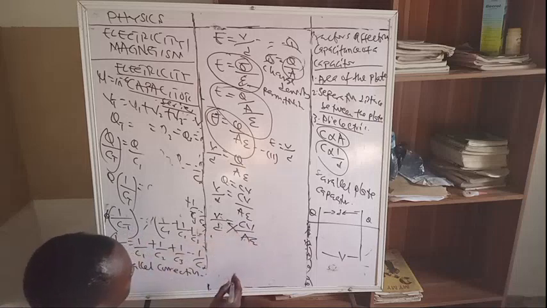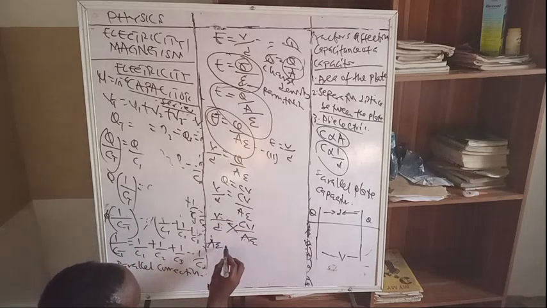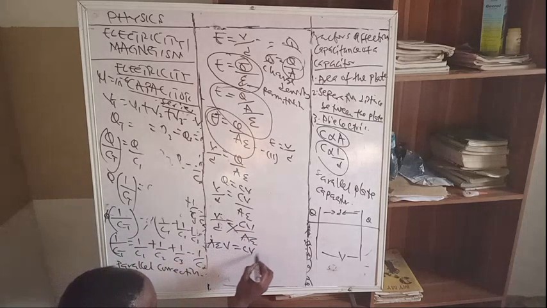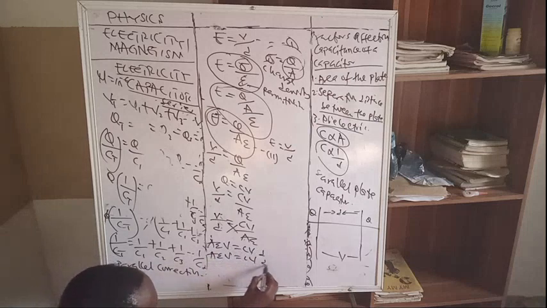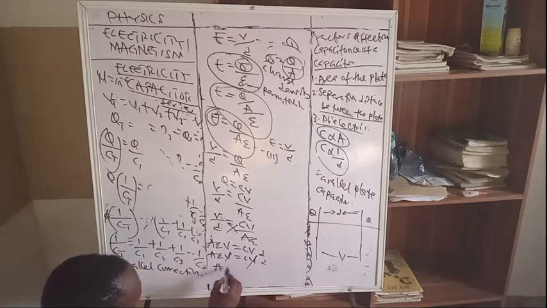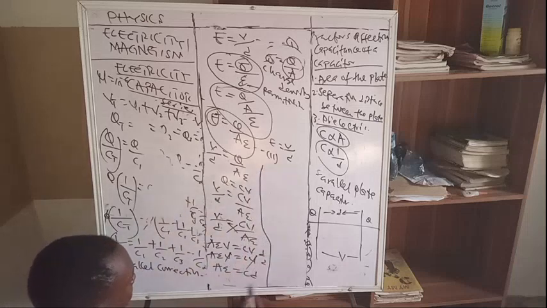So you do something of this nature. This one is coming to this. So you have A Epsilon V is equal to CVD. We suggest that V go with V. Then we have A Epsilon is equal to CD. Let us make C the subject of the formula.